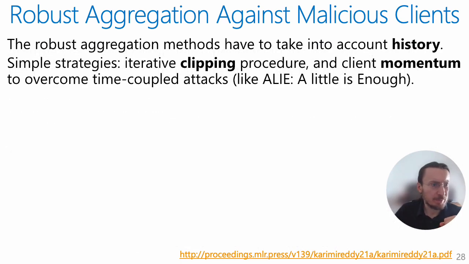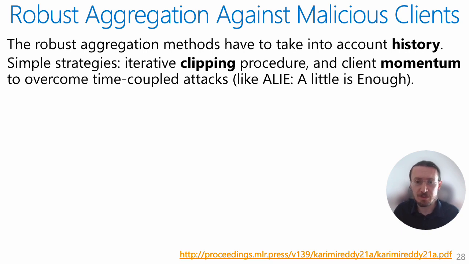However, it was shown that an aggregation rule which is oblivious to the past, meaning that a rule like CRAM does not consider each iteration and what was happening in the previous iterations, does not converge to the optimum and retains a non-zero error even after infinite time steps. So this means that with CRAM we cannot really prevent attacks such as A Little Is Enough.